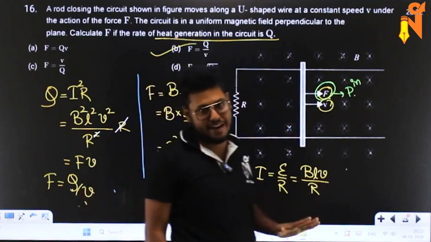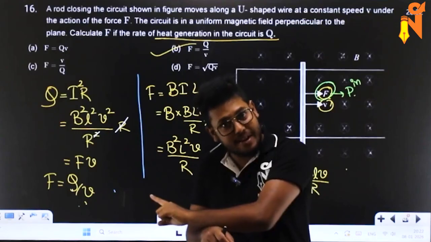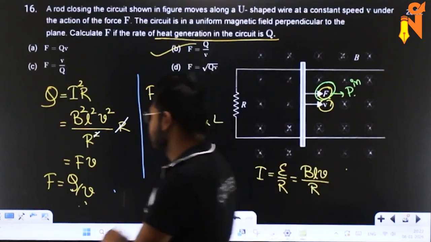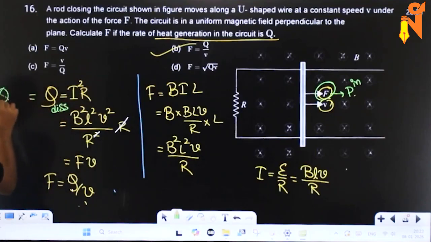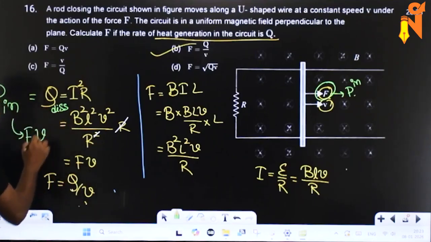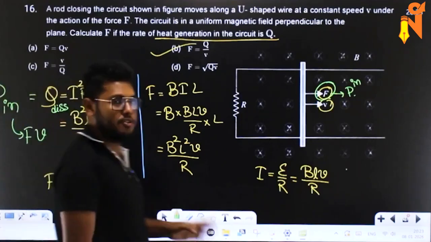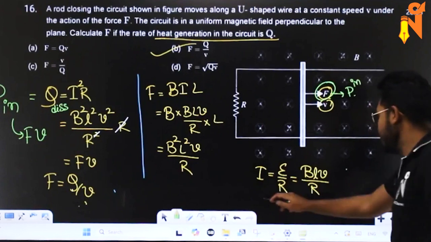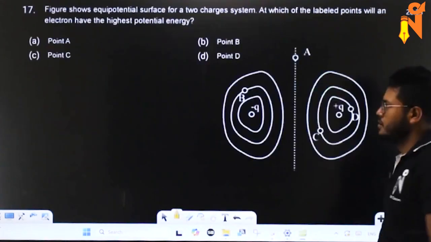Because it is moving with the same speed. That means whatever rate I am giving the power, at the same rate power is dissipated. So I can straight away write Q dissipated is the same as the input power. And you already know input power is nothing but force into velocity. Simple formula. See, we get the same thing. Force into velocity is Q. But anyway, I showed you using the formula, the literal way, so that you do not get confused. So two ways we did it.